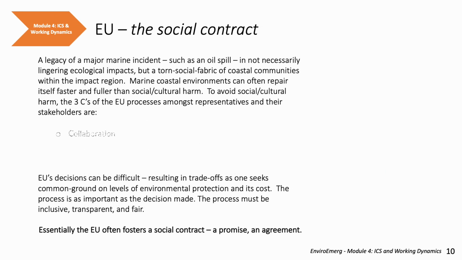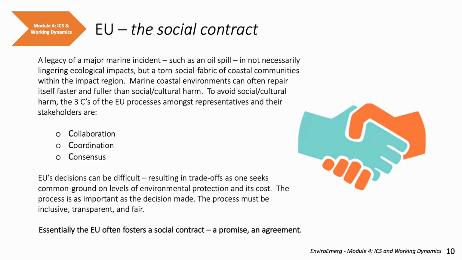A legacy of a major marine incident, such as an oil spill, is not necessarily lingering ecological impacts, but a torn social fabric of coastal communities within the impact region. Marine coastal environments can often repair themselves faster and fuller than social cultural harm. To avoid social cultural harm, the 3 C's of the environmental unit processes amongst representatives and their stakeholders are collaboration, coordination, and consensus.